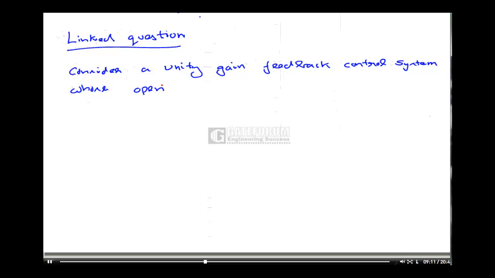Consider the unity gain feedback control system whose open loop transfer function is given. This is the open loop transfer function for the system.